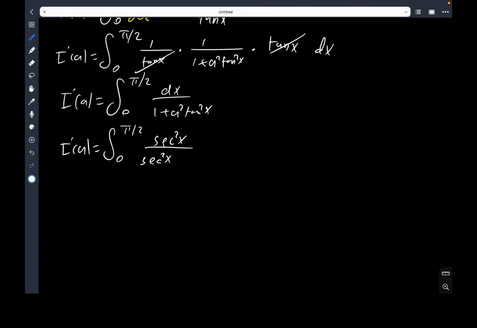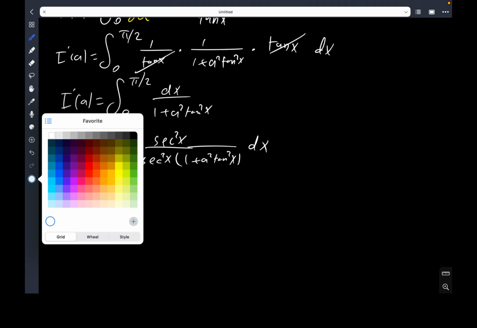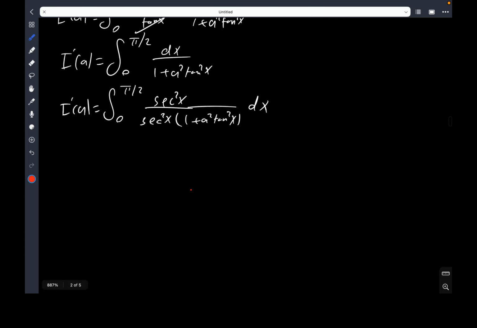And the reason for doing that is I want to use a variable substitution. I want to say t equals tan x, and thus dt is secant squared x dx.